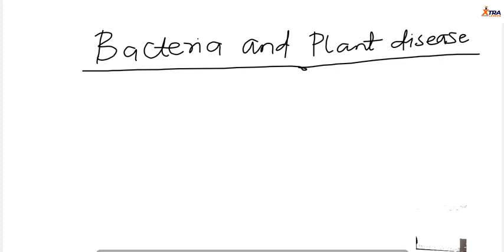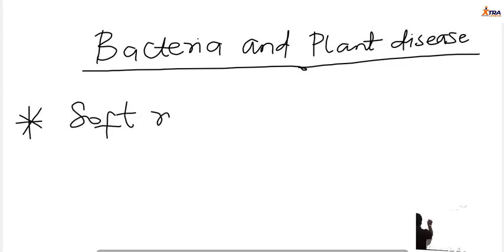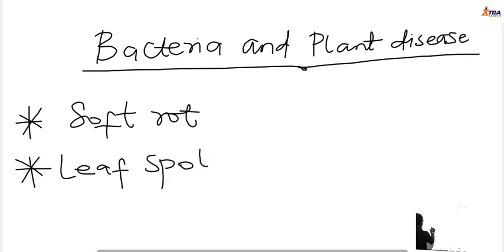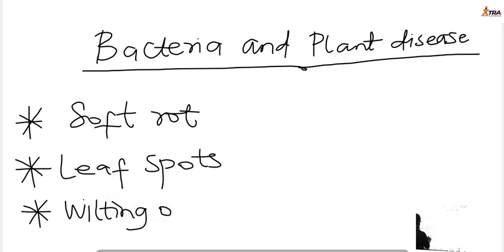Do you understand? Because in plants, when you see a soft rot, that's an indication of a bacterial disease. You see leaf spots, that is, there are spots on the leaf, that is an indication of a bacterial disease. Also wilting of the leaves and stems.